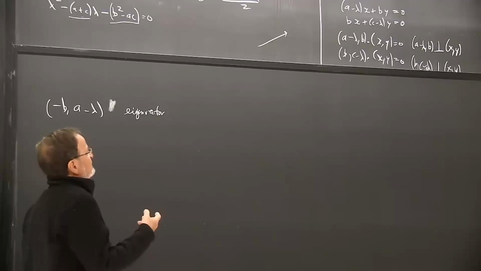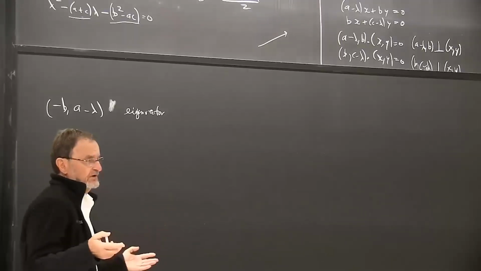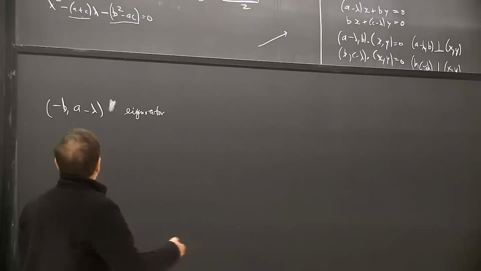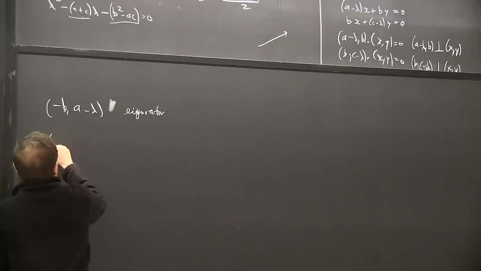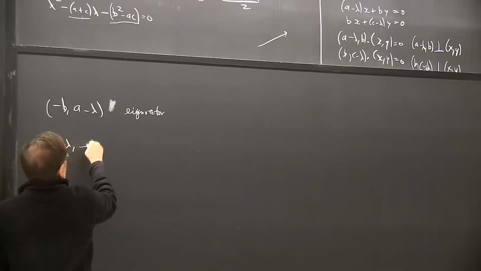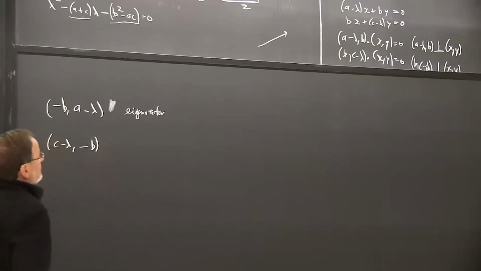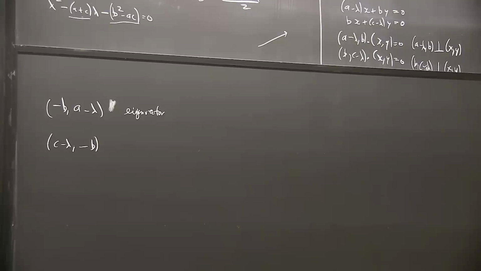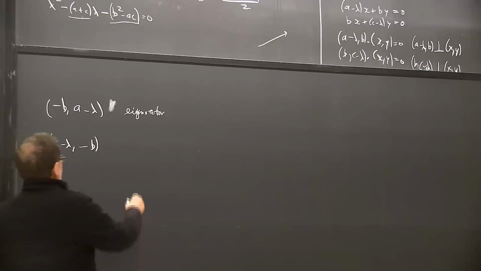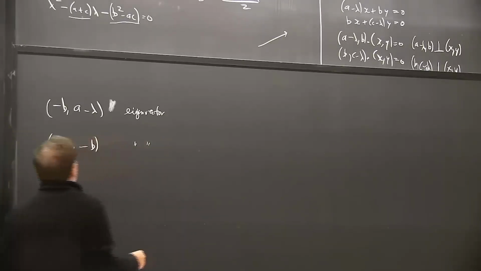But why focus on the first row? You know, this should be true of the other row as well. So let's try it on the other row. Well, on the other row, here's a perpendicular to the other row. If I take the dot product of that with the second row, I get 2 terms that are equal in magnitude and opposite in sign, so they cancel out. So that's also an eigenvector.